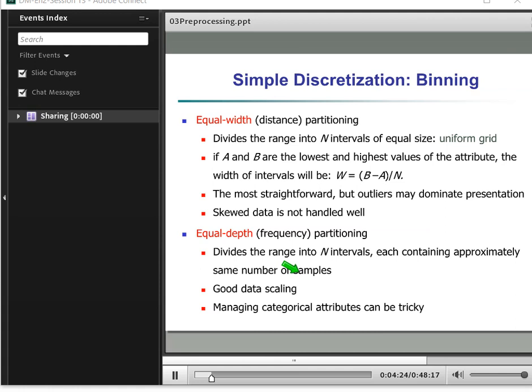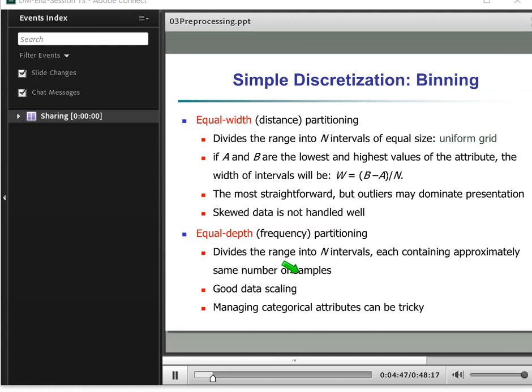In the past lecture, we talked about data transformation, and finally, at the end of that lecture, we talked about data discretization, and we said that there are several methods for discretization.